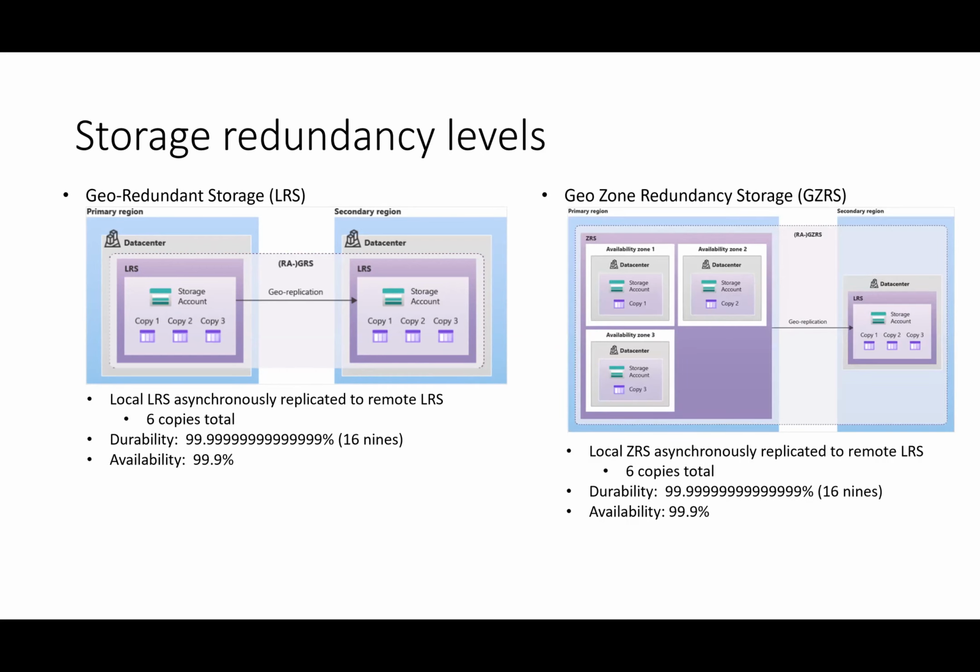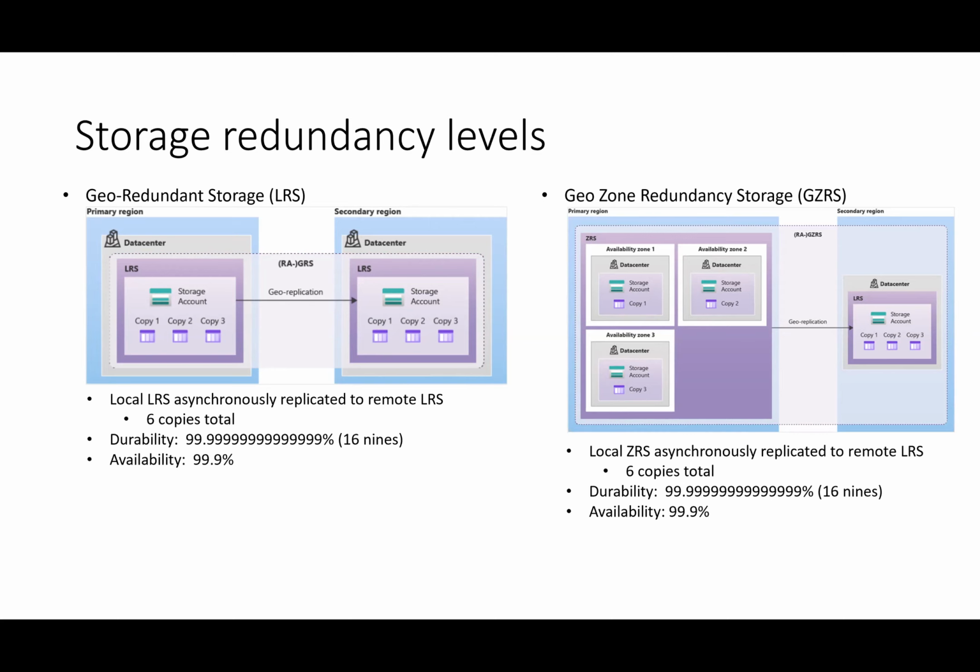And then geo-zone redundancy storage, just to go even further. That just simply means in the primary region, you're using ZRS, which is redundant enough, but just to make it even more redundant, we do an LRS redundancy, asynchronously copied in the secondary region. So both of the geo levels are asynchronously copied to LRS in a secondary region.